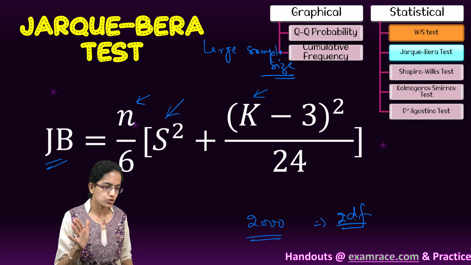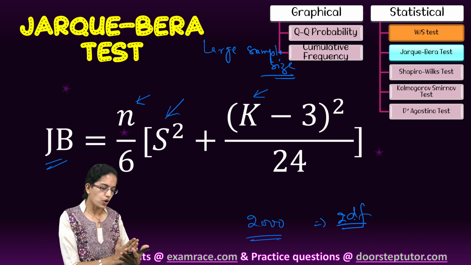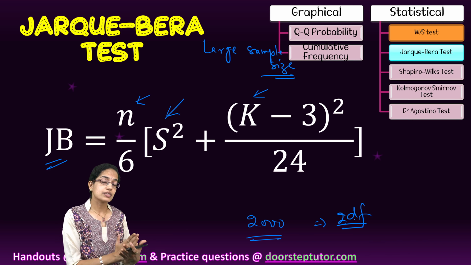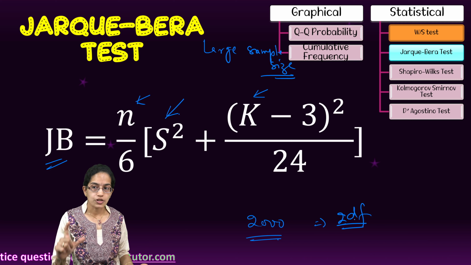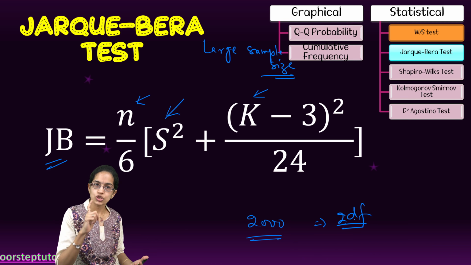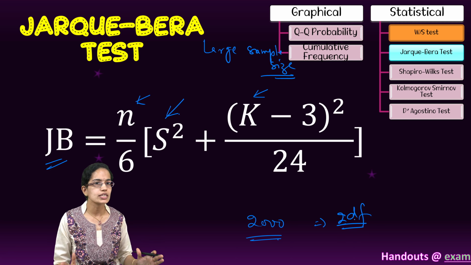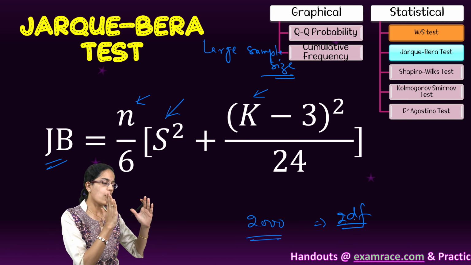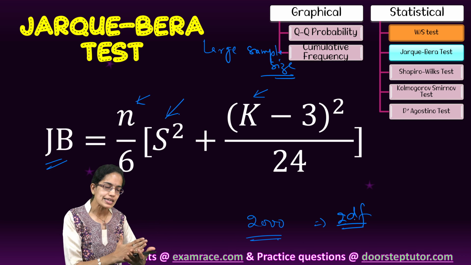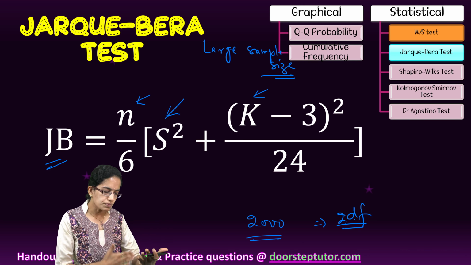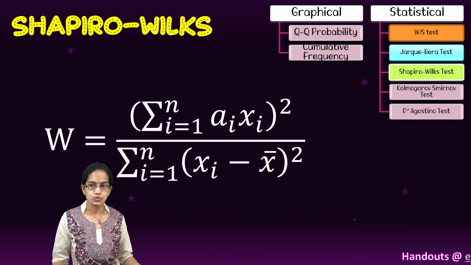It is equivalent to that, and it is used for cases where the sample size is large. So I repeat again, Jarque-Bera is a test which is used when the sample size is big enough, and it is used to understand the normality, as in whether you would go for a T test or an F test once you have the normality values.